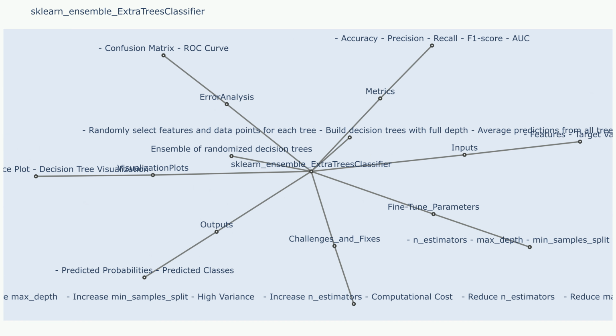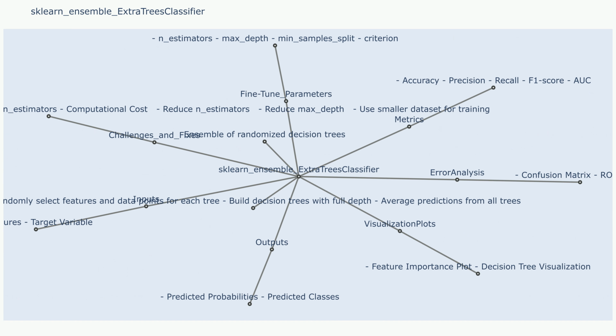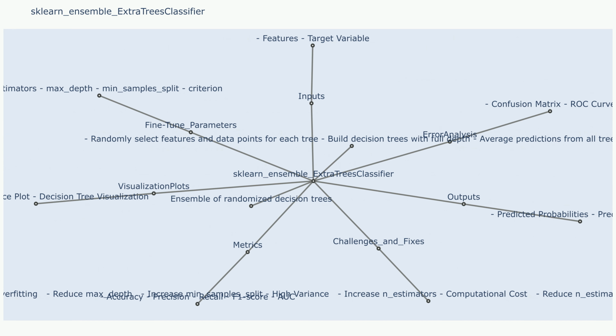Start with a smaller number of trees and gradually increase it until the performance plateaus. Use parallelization: leverage multi-core CPUs or GPUs to speed up the training process. Optimize hyperparameters: experiment with different hyperparameter values to find the best balance between performance and computational cost.